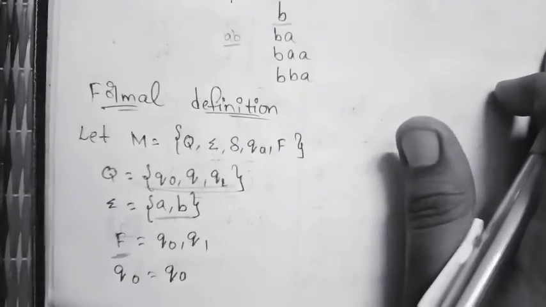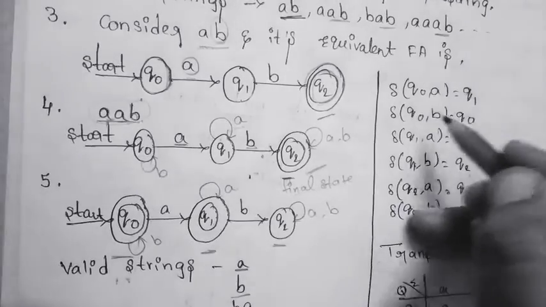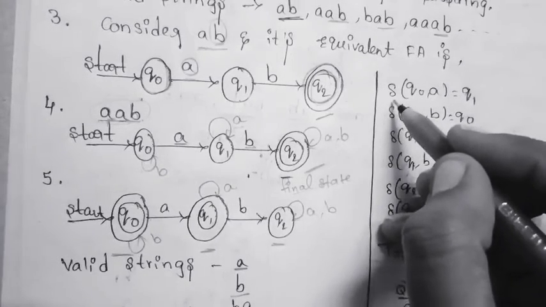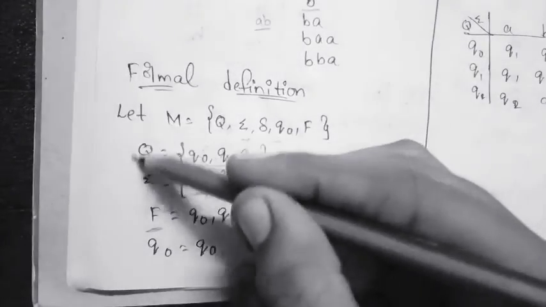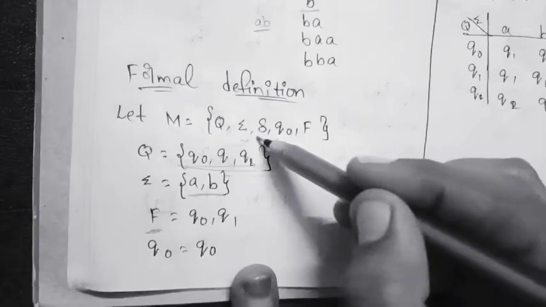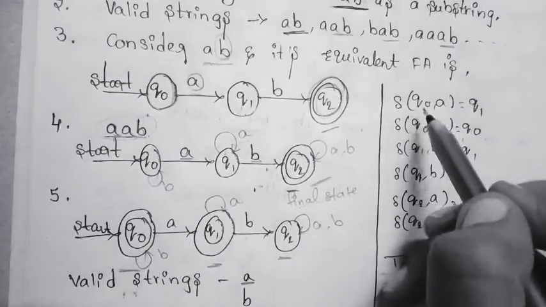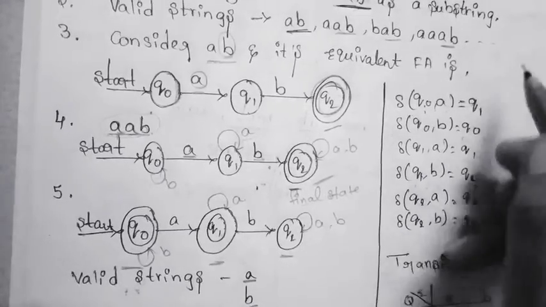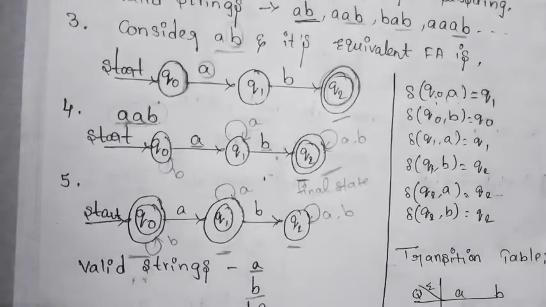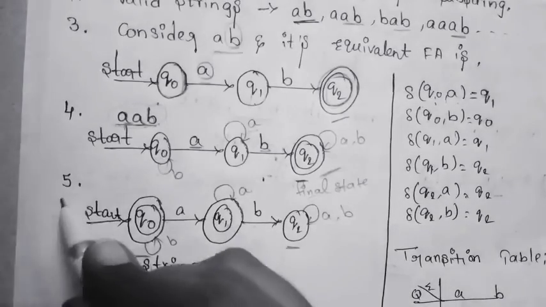Okay guys, next step is, see guys, now we need to find the sigma of Q0 comma A. That means here we found four tuples only. This is the fifth tuple we are going to find, that is sigma of Q0 comma A. See guys, we need to consider this finite automata.